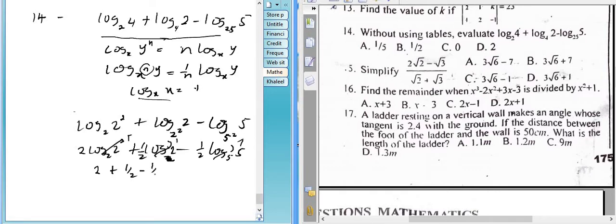So we have plus half minus half, which cancels, and the answer is 2. Then we have the answer, that is option D, which is 2. So the answer is option D. So moving to the next question, that is question 15.